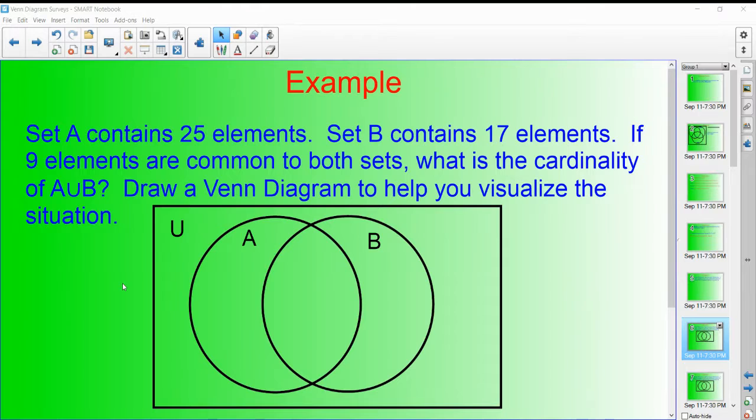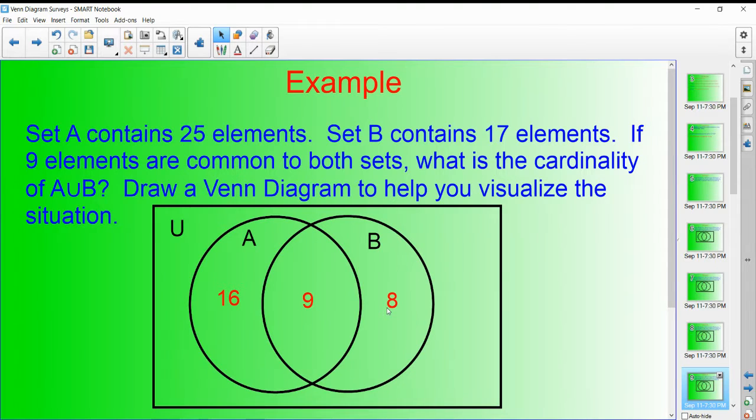So it says 9 elements are common to both. So I have 9 elements in the intersection. And now I know that x plus 9 is 25 elements, so I can calculate A. So A is 16 elements in only A, not in the intersection. And I can do the same process with B, where set B has 17 elements, so 9 plus something is 17.